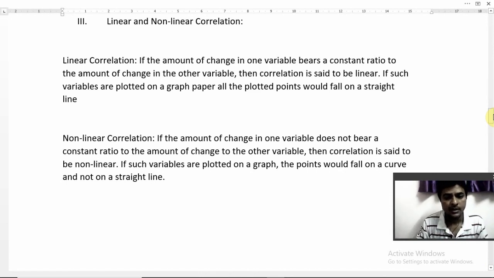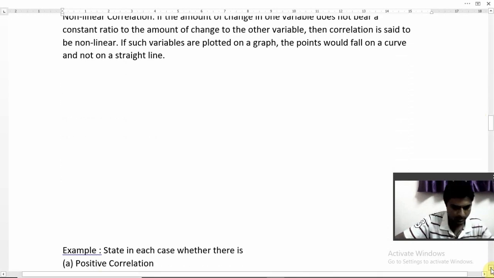Whatever graph you have plotted will not be a straight line, it will be some zigzag curve. When you plot it and connect all the points, it will be a zigzag curve. Such correlation we can take as non-linear correlation. Yes friends, this is how we have completed the types of correlations.